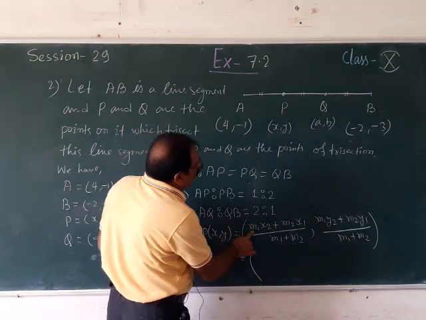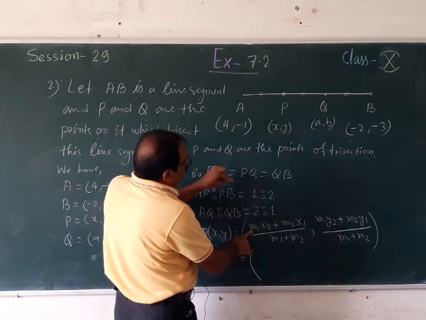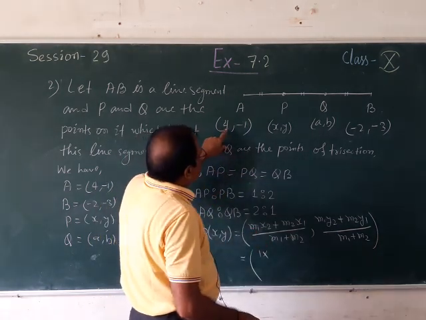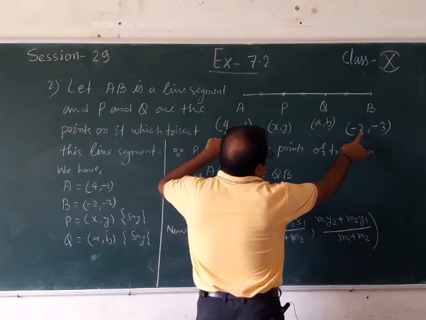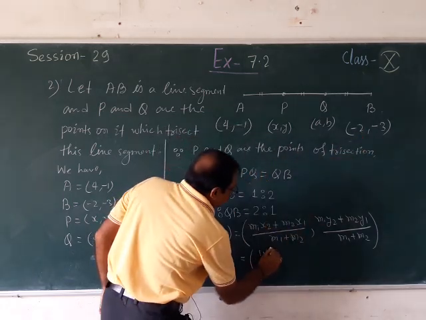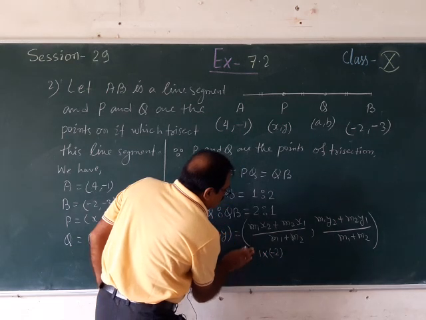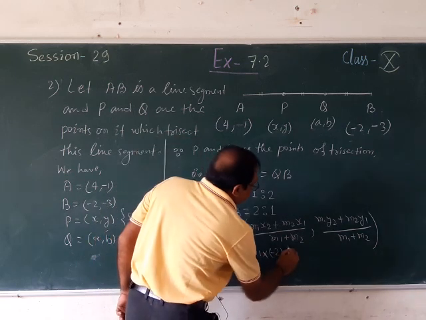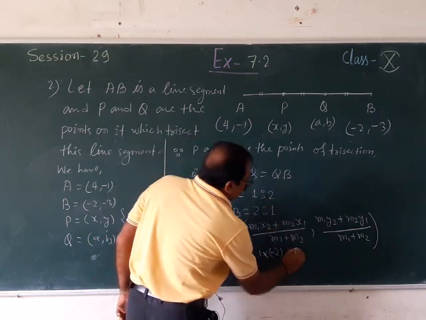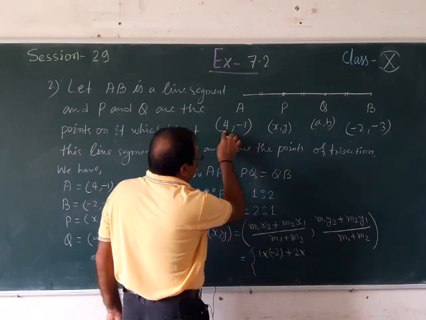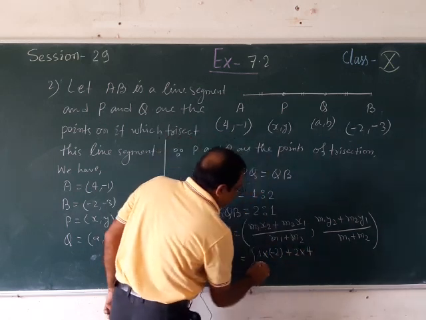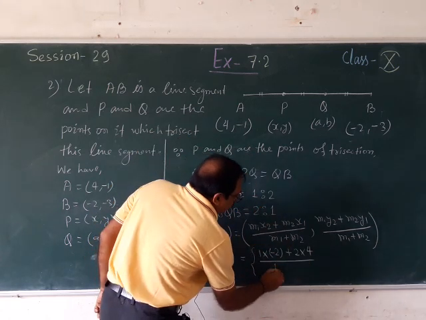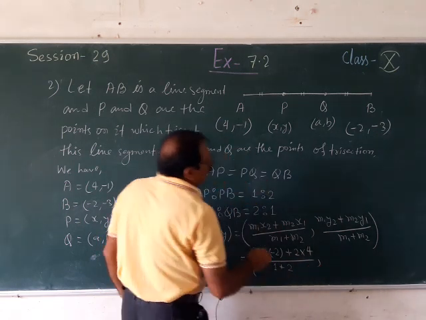So here the value of m1 is 1, I can write here 1, and x2, look at here, the value of x2 is -2, so I am going to write here -2. And what I have told, if you have used the first bracket, then here you can use the second bracket, plus m2 is 2 and into x1 is 4, so just put the values here, upon m1 plus m2, that means 1 plus 2, then give a comma.